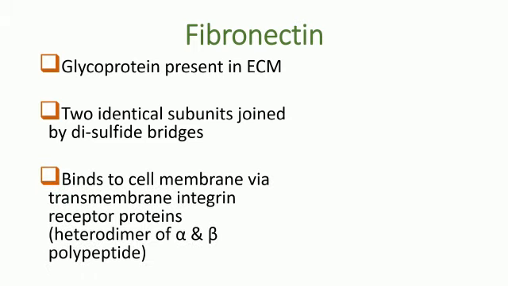And what else does it do? It binds to the cell membrane. It is present in the extracellular matrix, and it binds to the cell membrane via a membrane receptor protein known as the integrin receptor. And this integrin receptor in itself is a heterodimer of alpha and beta, two polypeptides.